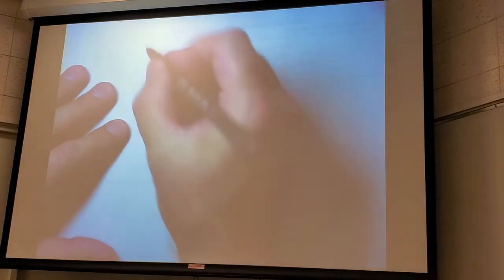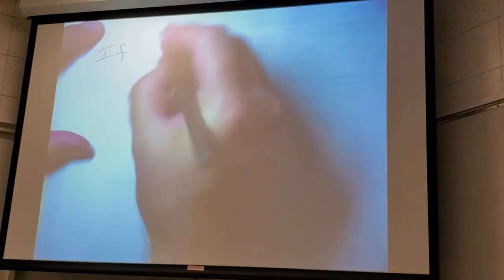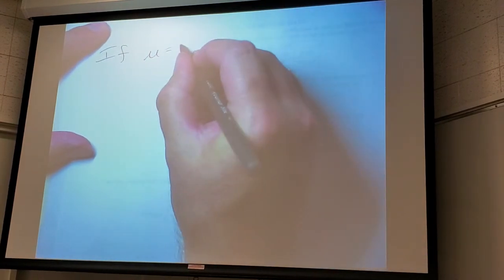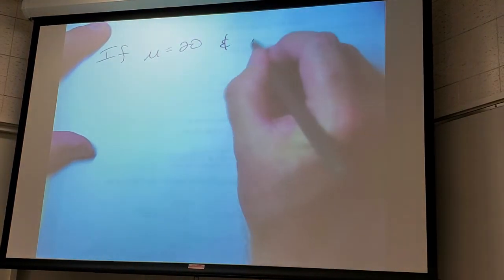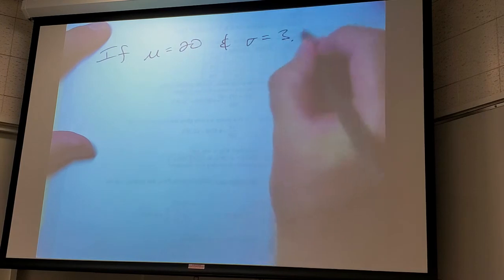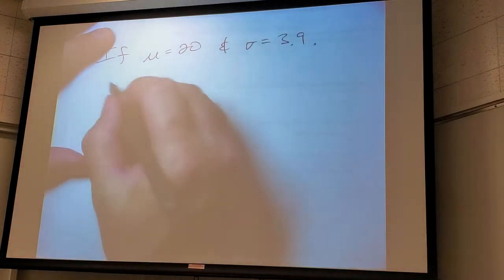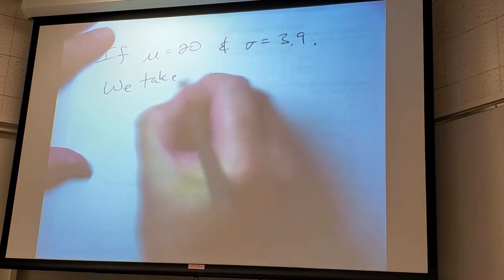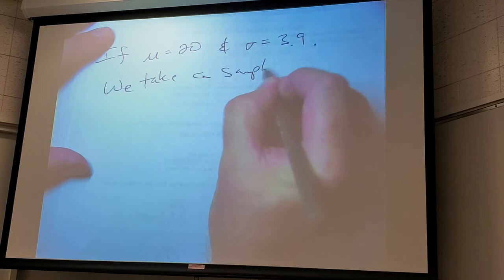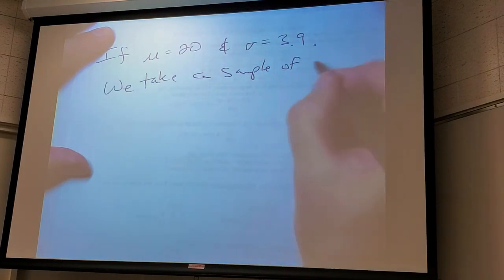So very quickly, I want to give you an example problem. If we know that the mean of something was 1, and the standard deviation is 3.9, we take a sample of, what do you have, 50 data points.